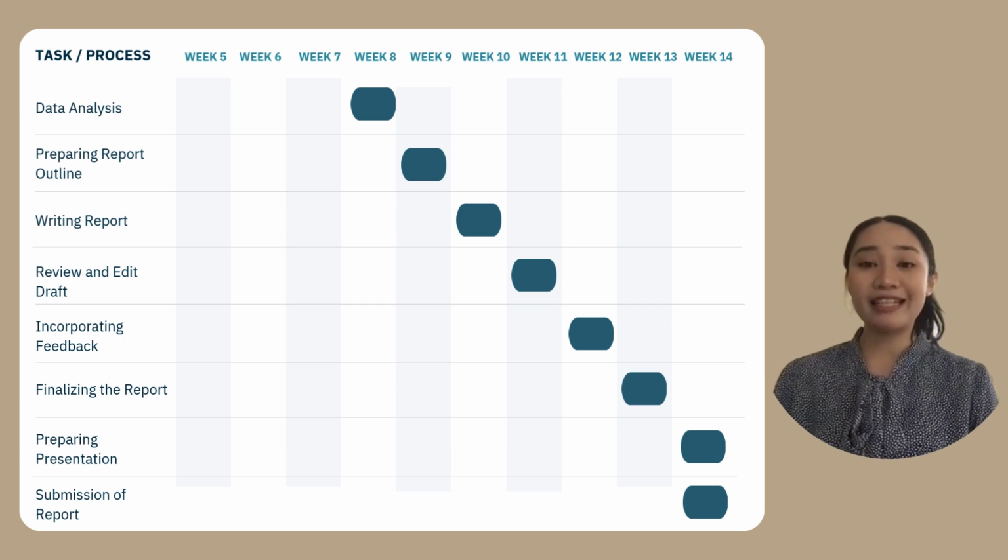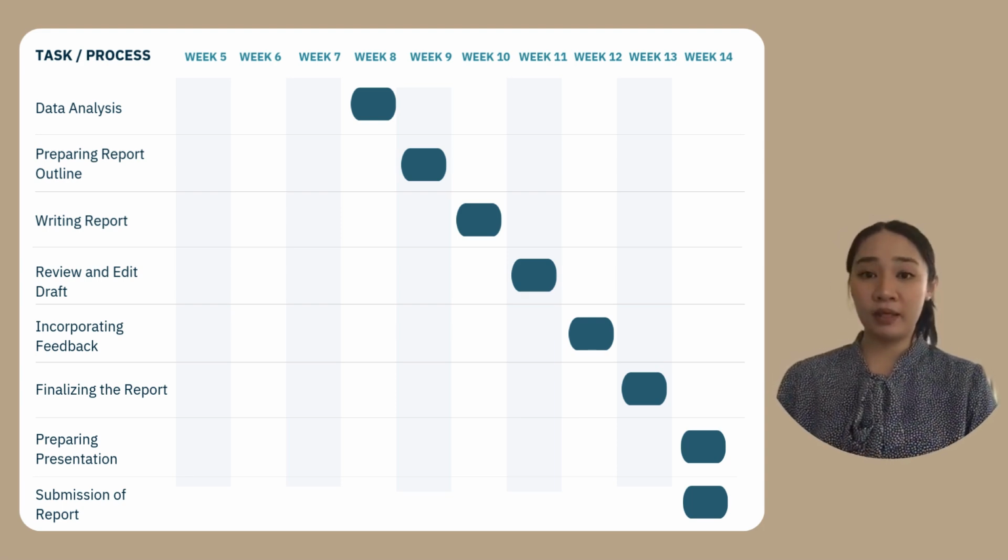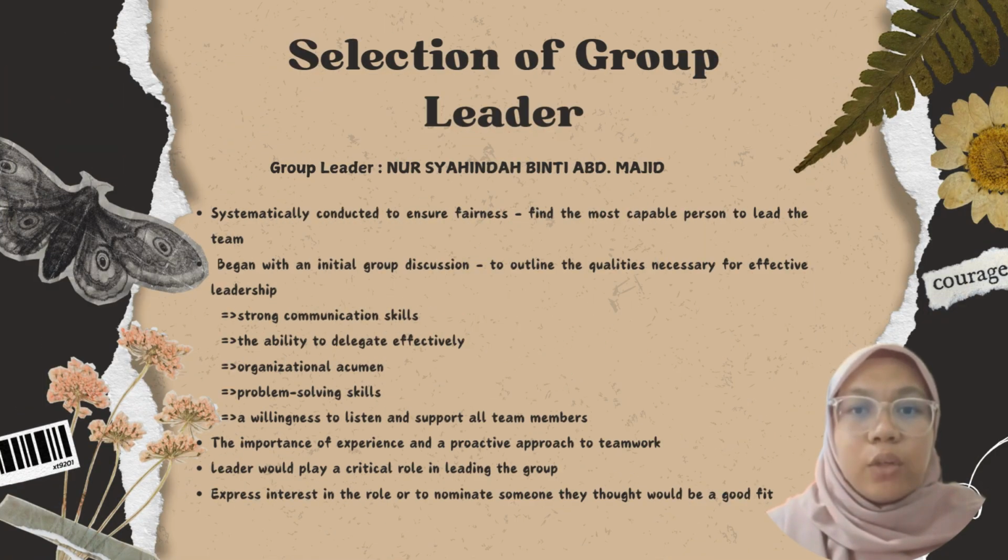In conclusion, this Gantt chart not only helped us stay organized throughout the project, but also ensured that we made our deadlines effectively. The process of selecting a group leader was carefully and systematically conducted to ensure fairness and to find the most capable person to lead the team.